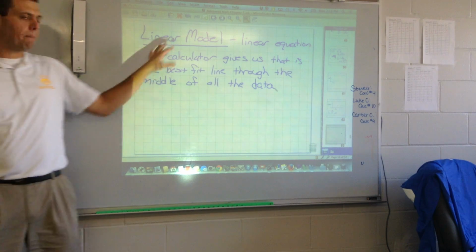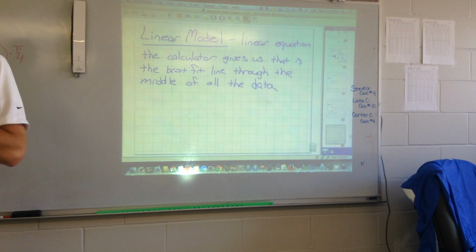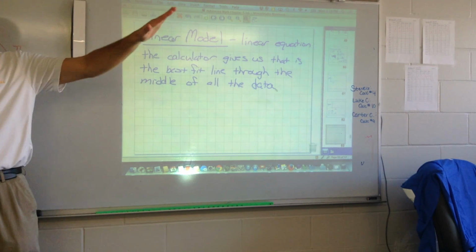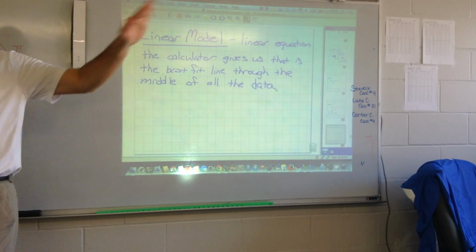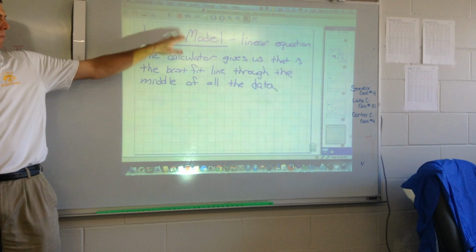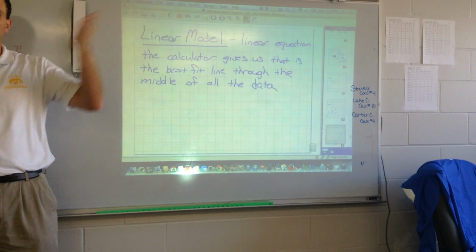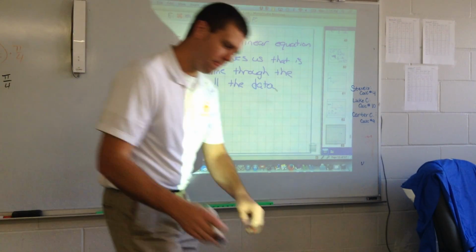But when the book talks about a linear model, that's what they're talking about: the equation of the best fit line through the middle, or the best they can, of all those data points. So understand what that term means. Linear model is just a model that represents the data to the best of their abilities.